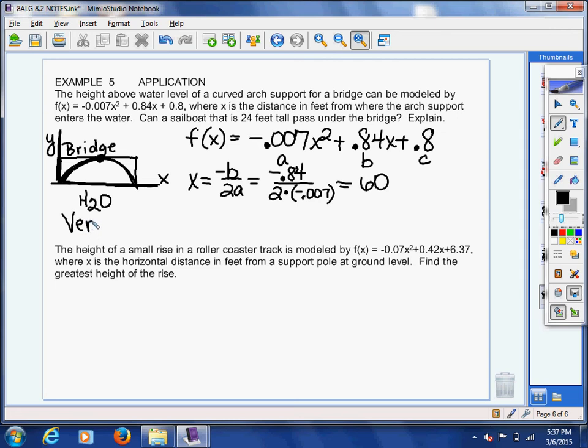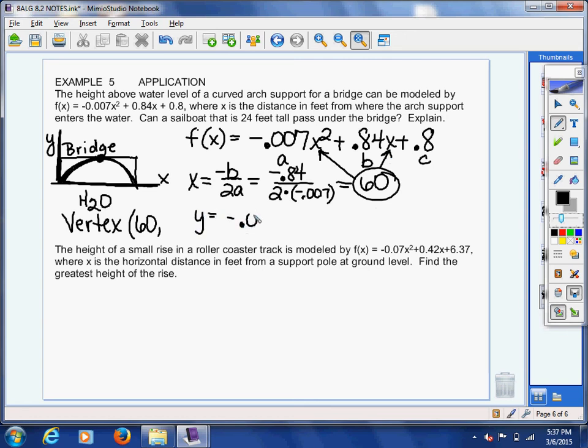Okay? So what we're doing, we're looking for the vertex. Don't really need to know the x, but we are interested in the y. And to get to the y, we have to know the x so we can plug it back in. So now we're going to take that 60 and plug it in wherever we see x. You can do this right in your calculator.